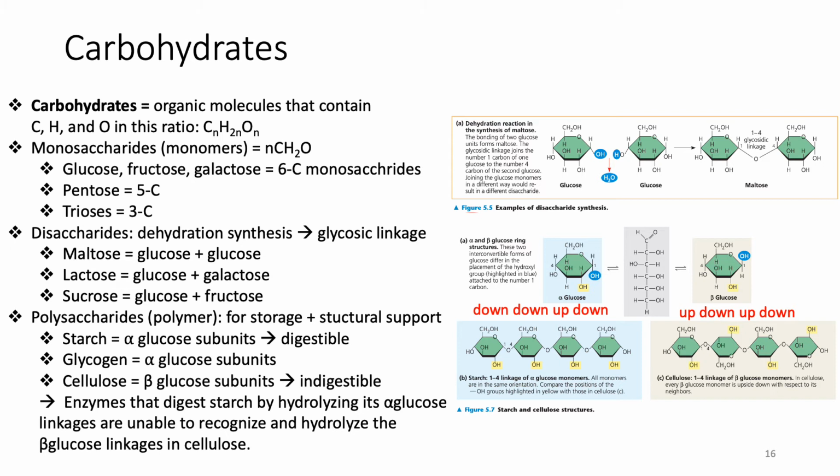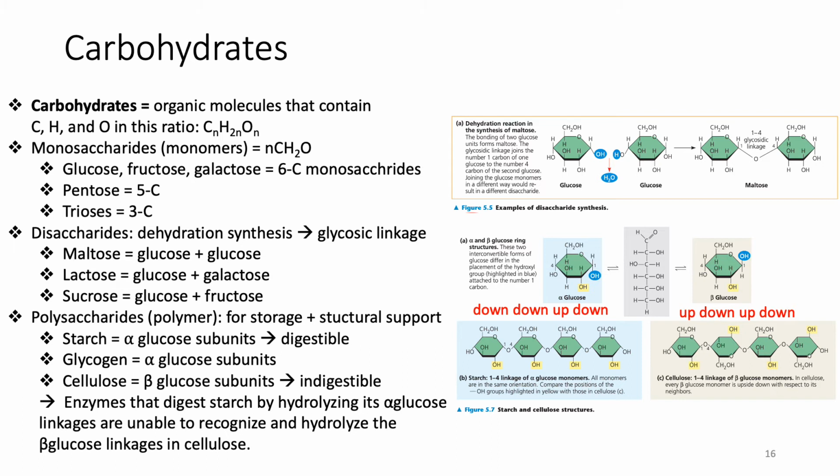A disaccharide consists of 2 monosaccharides joined by a glycosidic linkage, a covalent bond formed between 2 monomers by dehydration synthesis. For example, maltose is a disaccharide formed by the linking of 2 molecules of glucose. Also known as malt sugar, maltose is an ingredient used in brewing beer.